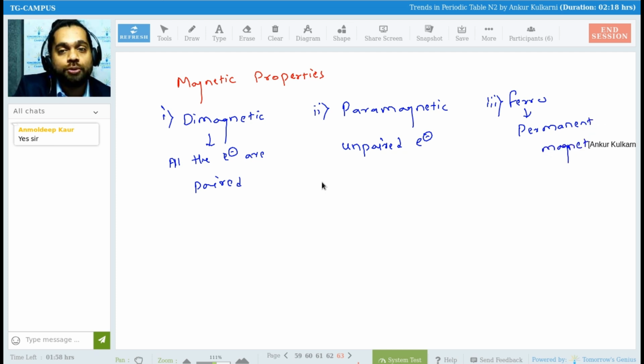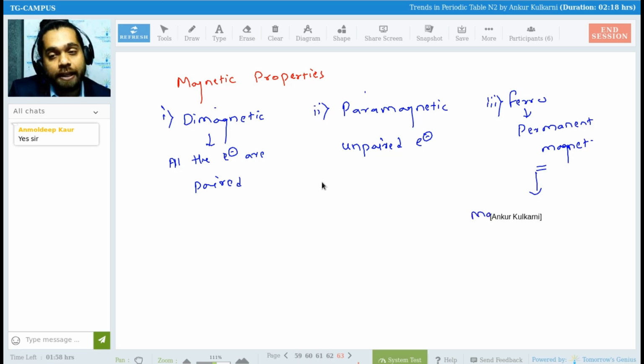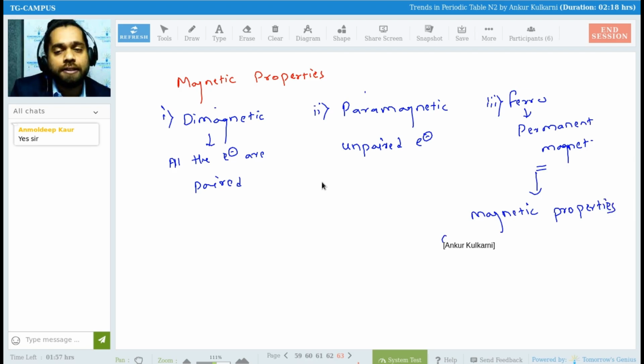Paramagnetic and diamagnetic substances show magnetic property only when you place them in the magnetic field. Ferromagnetic is a permanent magnet. Write it down, it retains magnetic properties even after removing from the magnetic field.